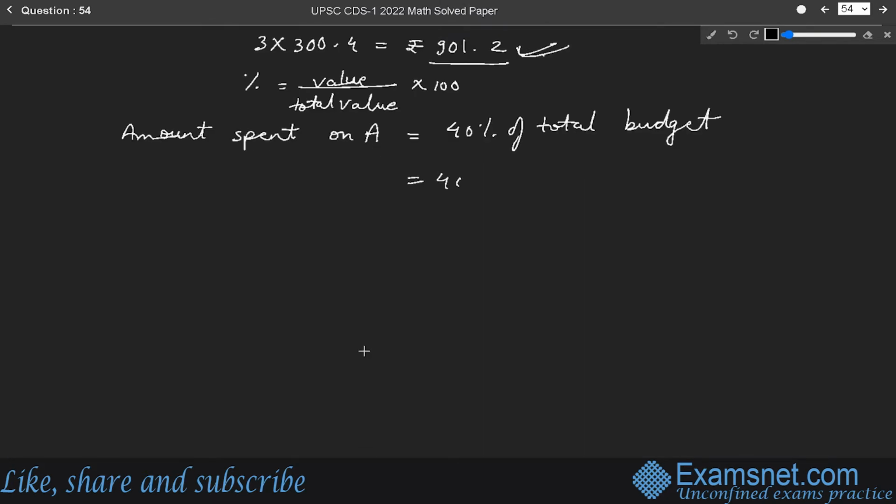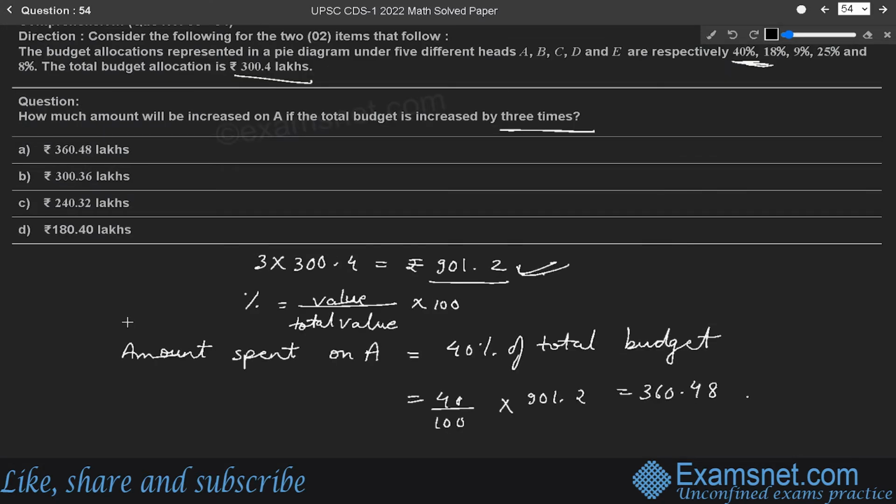So, 40 upon 100 into 901.2. On further solving, it will be 360.48. Therefore, we can say that the total amount on A is rupees 360.48 lakhs, because we have to find it in lakhs. Therefore, the correct option for this question is option number A, which is 360.48 lakhs.